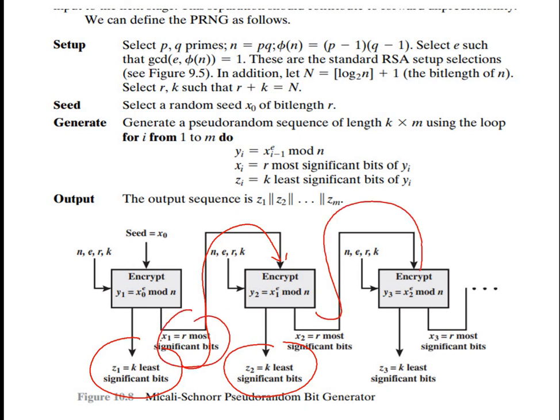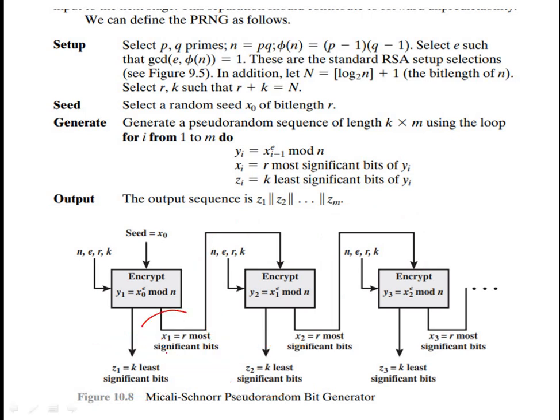So this is the output, this is the pseudo random number. There is a clear separation of the pseudo random number from the output. This output we are giving as input to the next stage, but we are not giving the pseudo random number. And these pseudo random numbers are what we are considering.